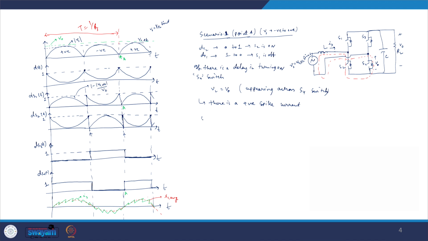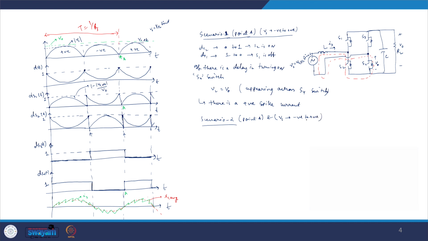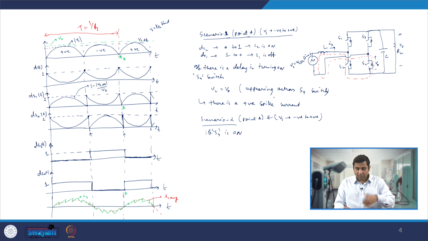Now in scenario 2, again the same point A, and Vs is going from negative to positive. So assume S4 is on, but before that it was turning on and it is not yet turned on.